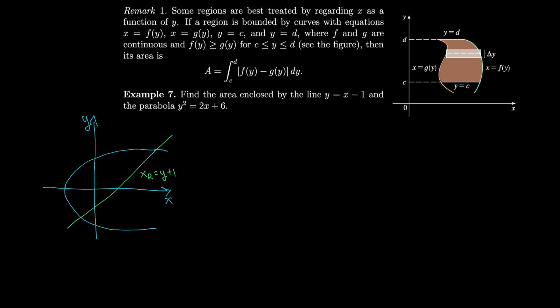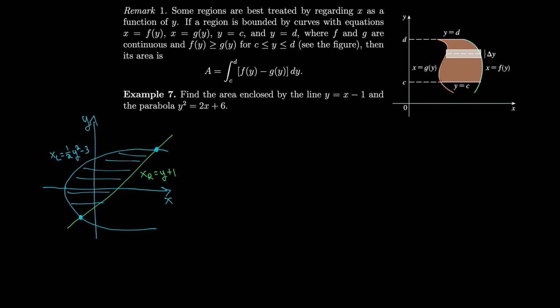You just add 1 to get x by itself. Then my left function, xl, is equal to half y squared minus 3. So I need to figure out what these points of intersection are, and then I can figure out what the area will be.